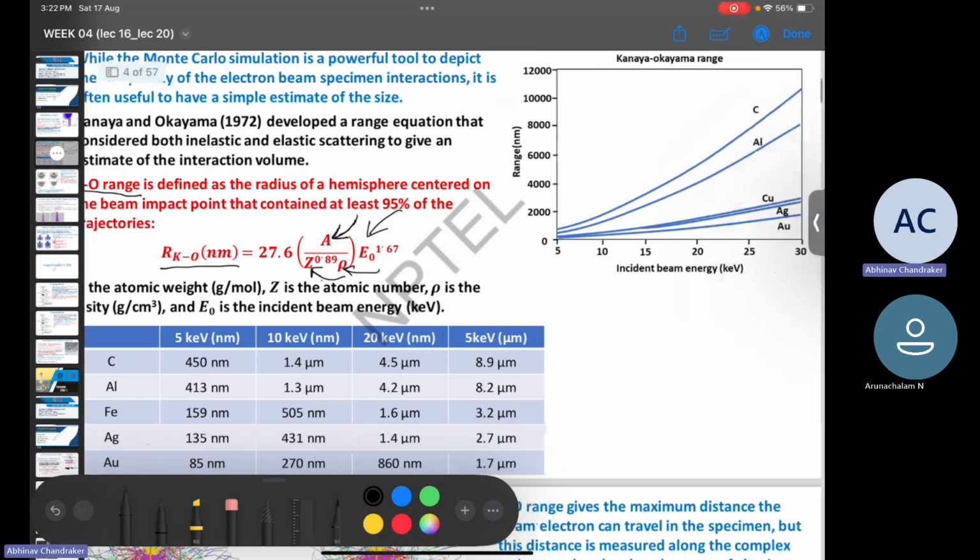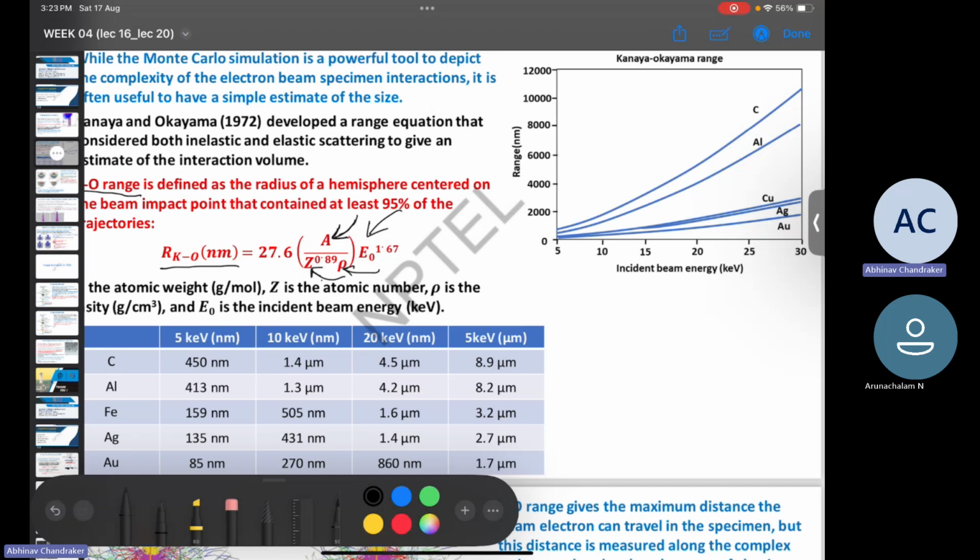And here we can see the KO range for different elements for a range of incident beam energies. And here we can see that for lighter elements, the interaction volume is more. The electron beam can penetrate deeper into the sample. And as the energy of the beam is increased, the kinetic energy of electrons also increases.